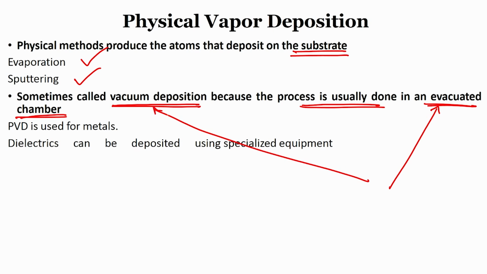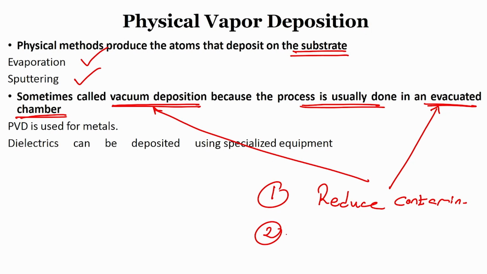First is to reduce contamination. Second, there is a concept called mean free path. Find out what mean free path is: the number of collisions between atoms.